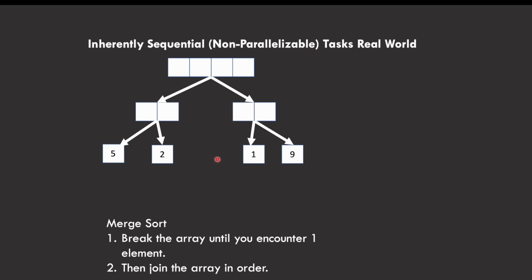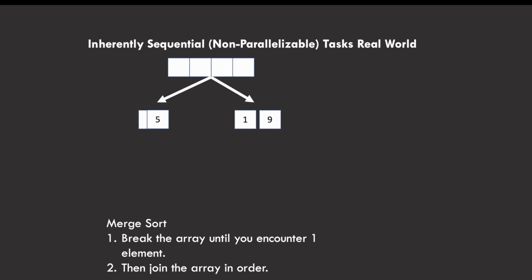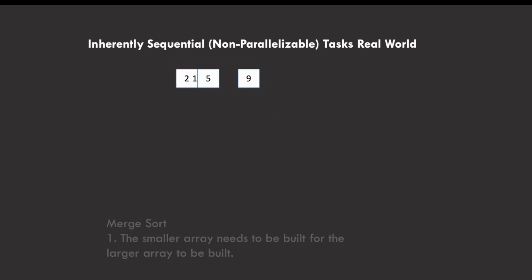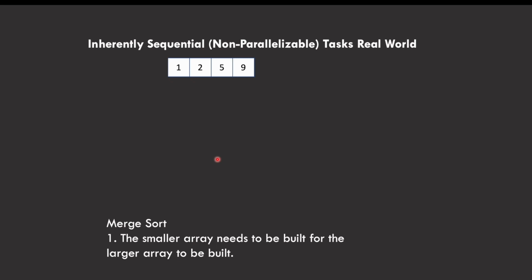The joining happens as follows. You can see 2 and 5 and 1 and 9 got sorted and joined together, and finally you get the entire sorted array. So the sequential part about this merge sort algorithm is that the smaller array needs to be built for the larger array to be built. It cannot happen without the previous one.